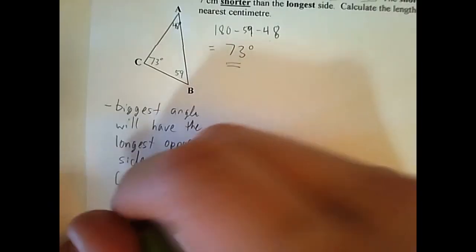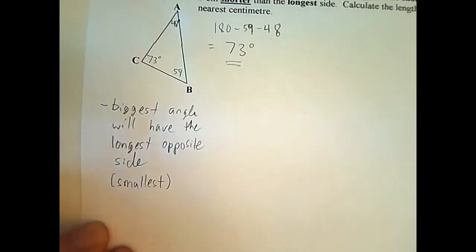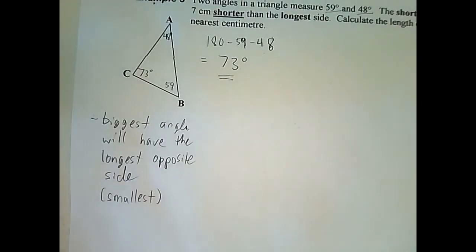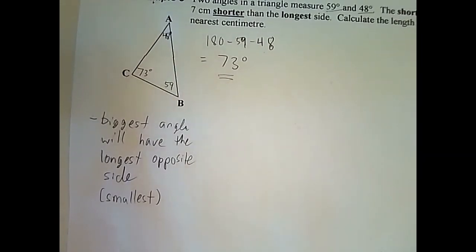And the same goes for the smallest. Which kind of makes sense, because when we did our primary trig ratios with right angle triangles, the hypotenuse was always the longest side, which is always opposite from the 90-degree angle.